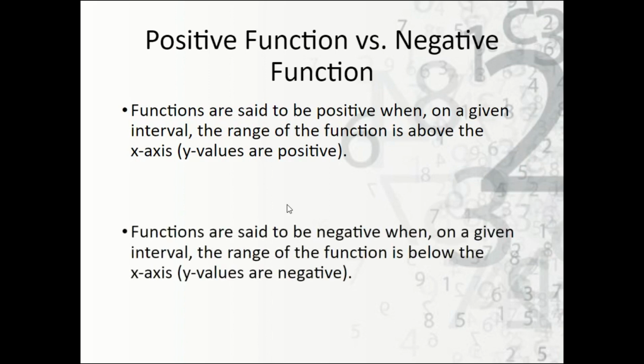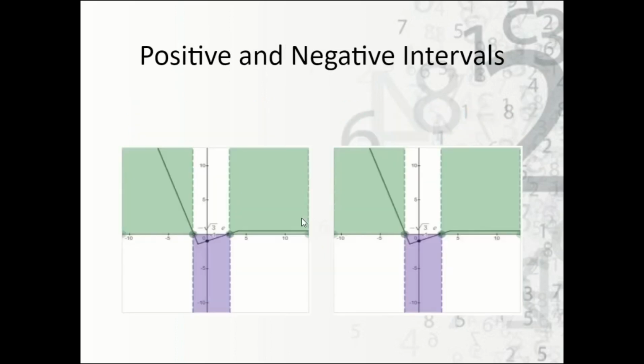Now they're negative on a given interval when the range is below the x-axis. So what does this look like? Well, we have a graph here, and notice my graph passes through the x-axis, comes down, starts to come back up, changes again and becomes above the x-axis. So in this case, we would say that the positive intervals are the green sections. So here, the graph is above.